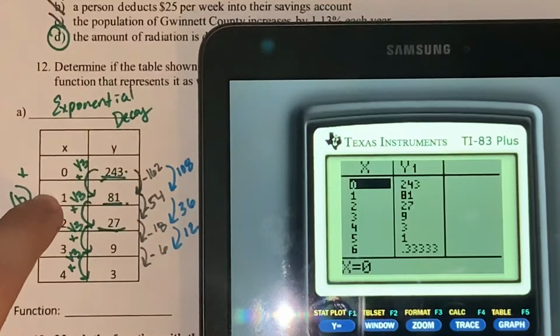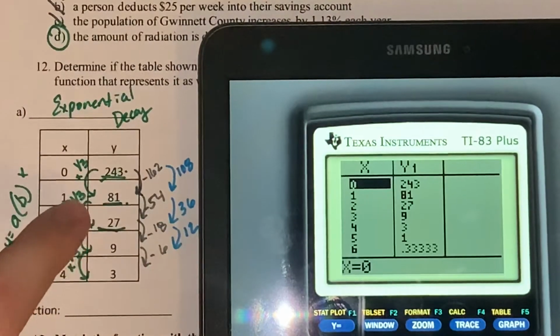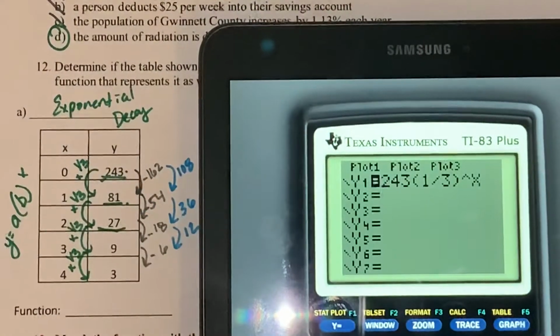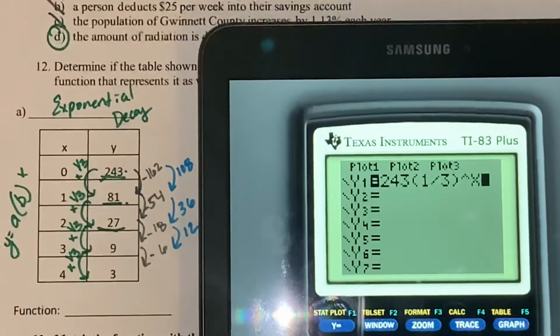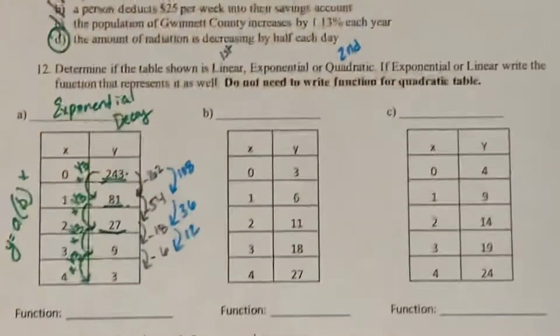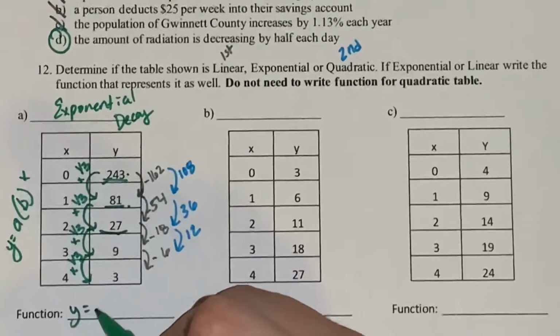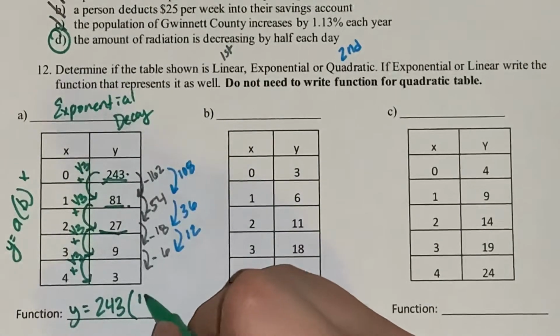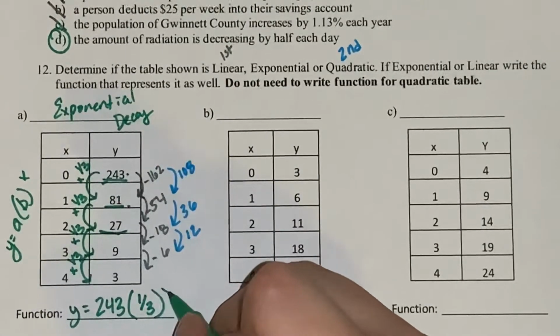When x is 1, y is 81, 27, 9, 3. So it checks out. So my answer is this function. Again, 243, because that's where my table started, the initial value. So y equals 243 times 1 divided by 3 raised to the x power.